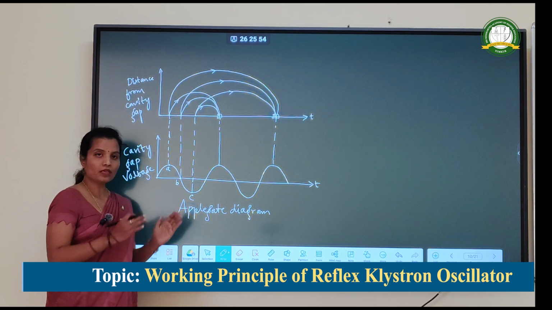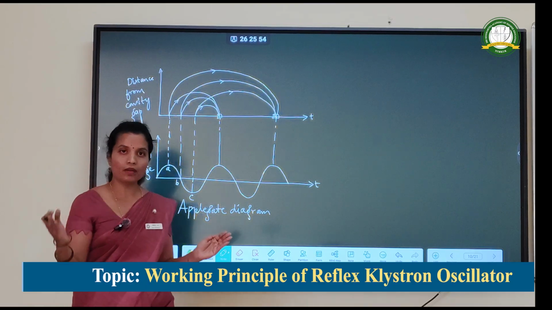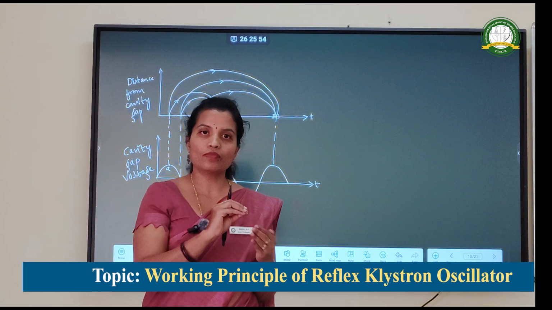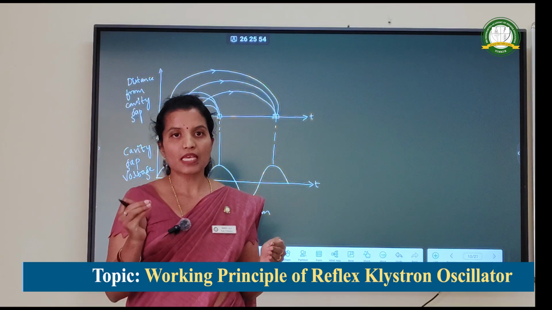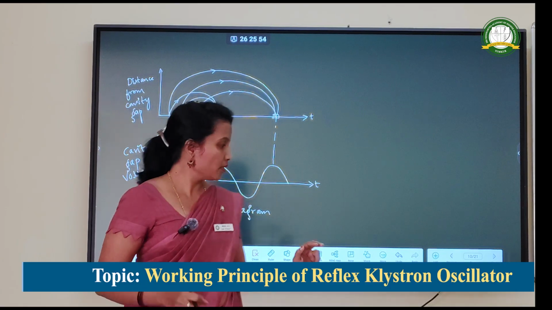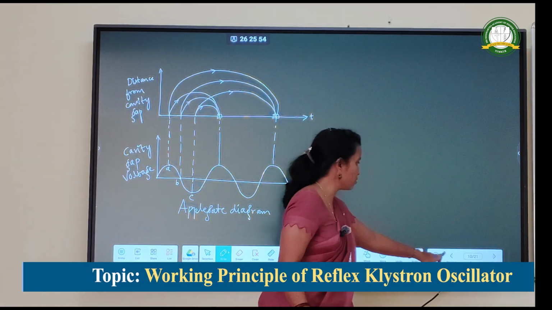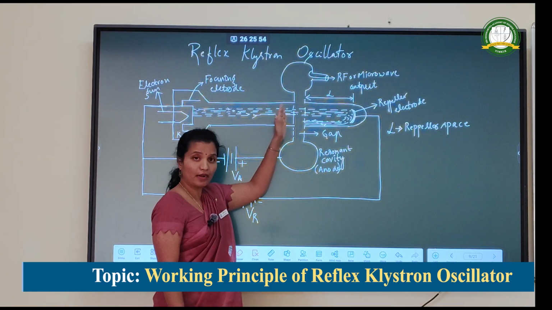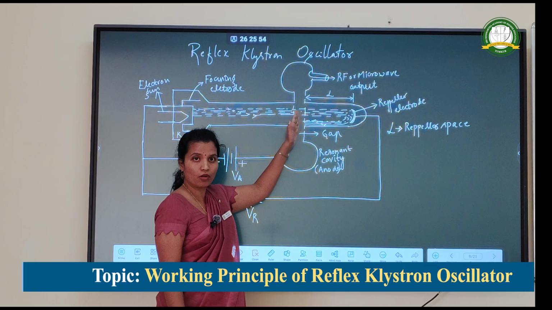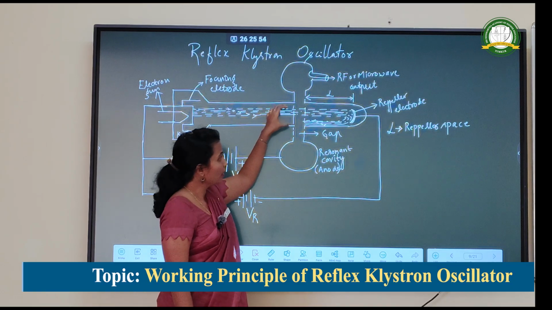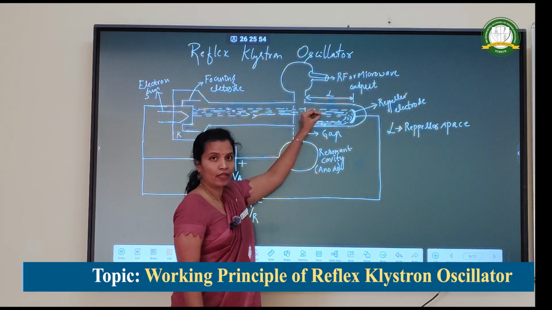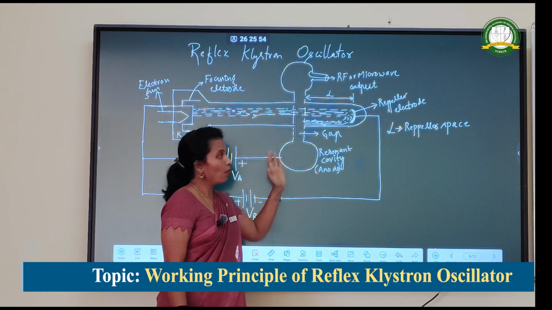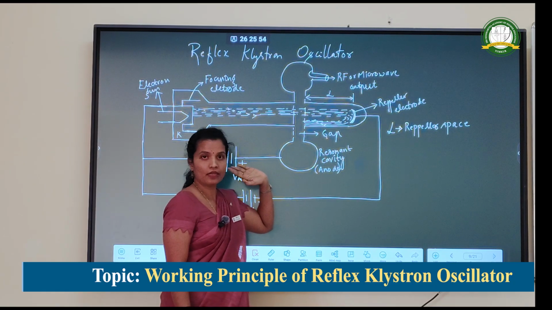Now some of the electrons are moving with a higher speed, some with a lower speed, and some with the same speed. In the reflex klystron oscillator, in this gap they undergo electron velocity modulation, and after that they move in the vacuum tube and try to reach the repeller electrode.